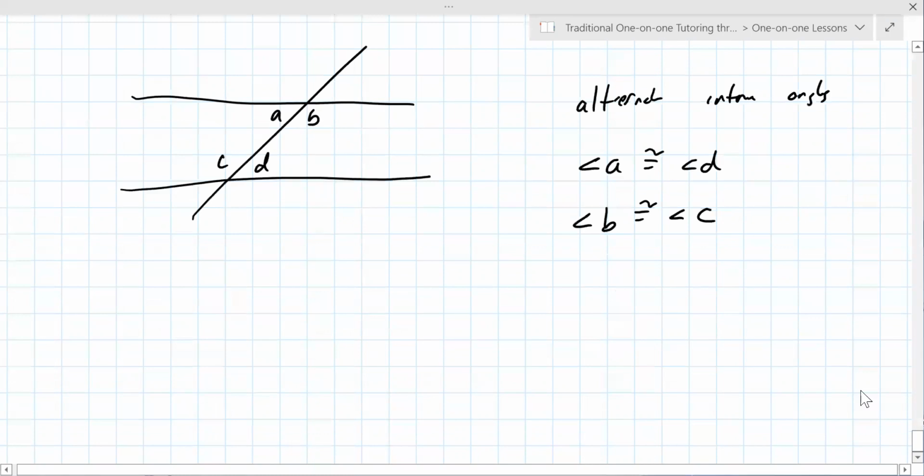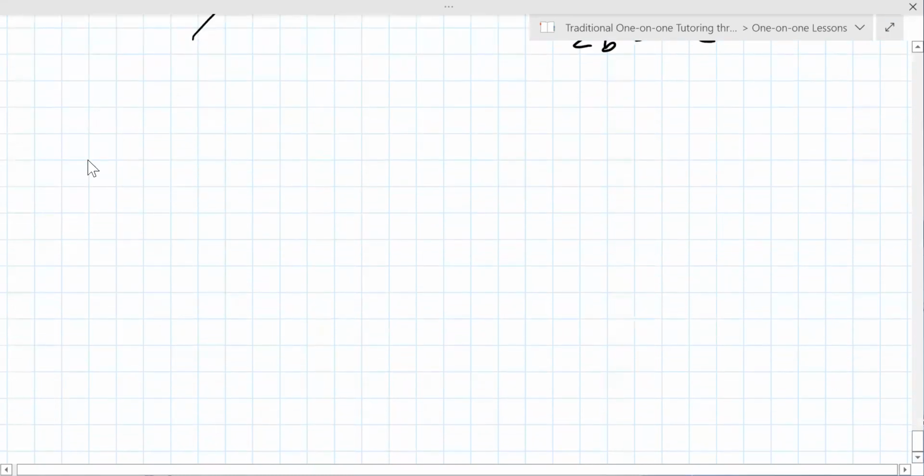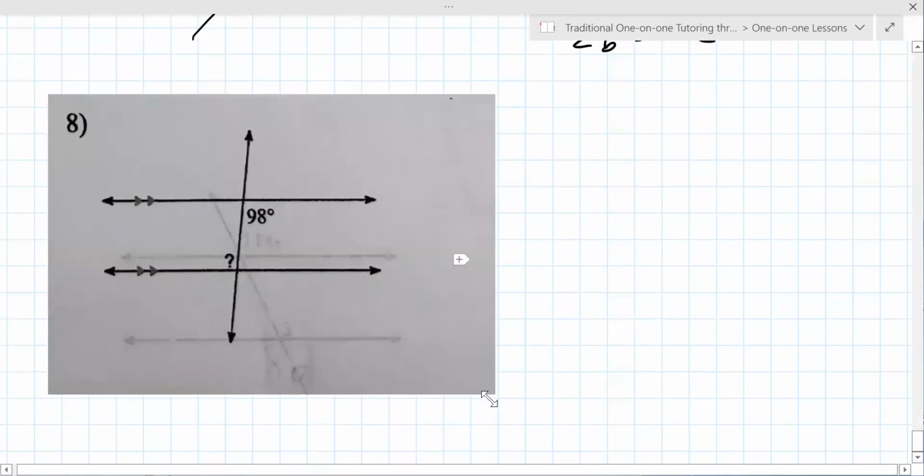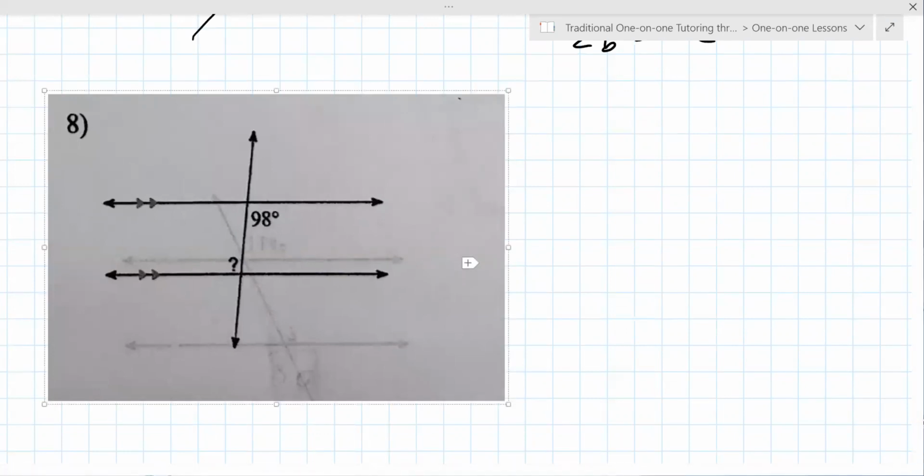Okay, let's look at number 8. It's related. It's two parallel lines cut by a transversal. So what say you? What do you notice about these? They're both inside. They're both in the interior, and they're on opposite sides of the transversal.